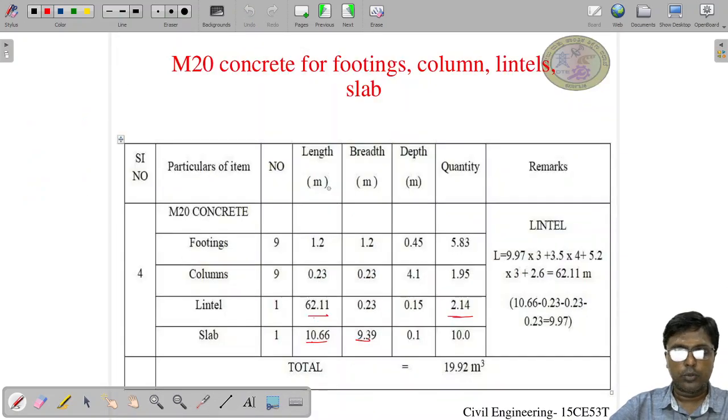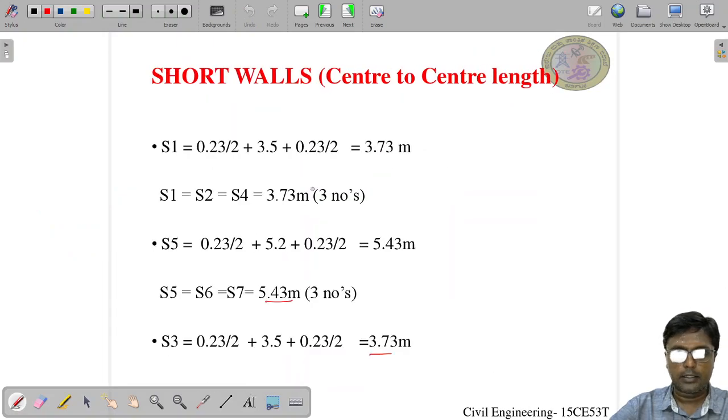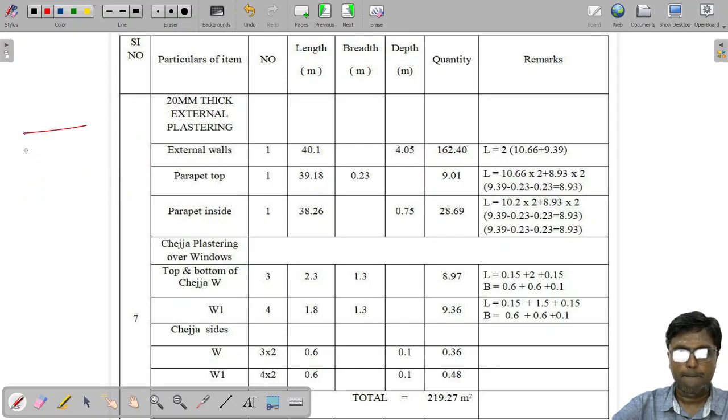Next, so okay, you have done the plastering from here to here, external walls. But what about this part? The top you have to do. So how to calculate the length of the top? 10.66 again. 10.66 is the outer length.